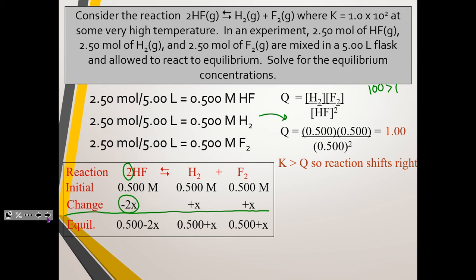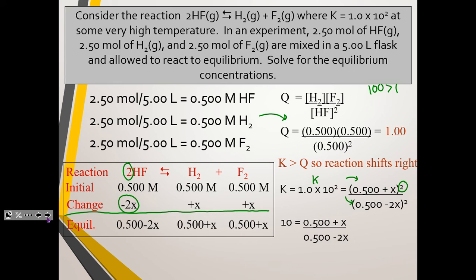I'm going to take those values and plug them into the equilibrium expression, which is the same as Q, but this is at equilibrium. We know the value of K, and we have our new equilibrium values. Keep in mind that H2 and F2 are the same, which is why this is a squared term. I take the square root of both sides to simplify.